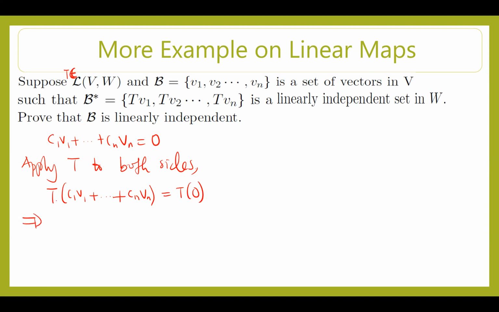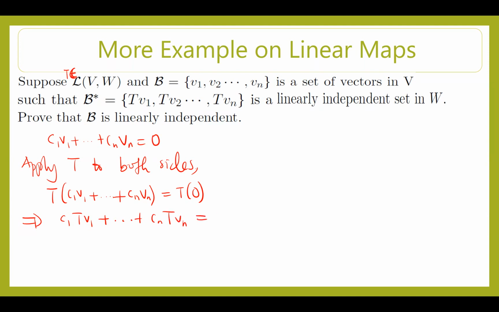Remember that if I apply T to this linear combination, I can apply it to each individual vector. I can pull out all the C's, the property 3 I showed when I was talking about some of the properties for linear maps. So this is actually the same thing as C1 TV1 plus all the way to Cn TVn.